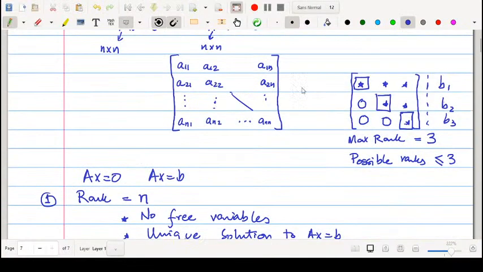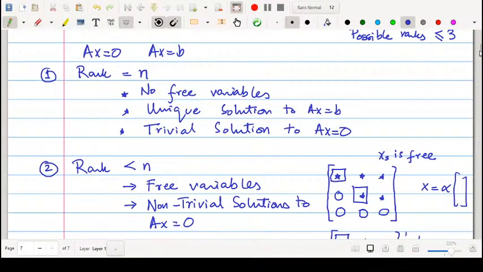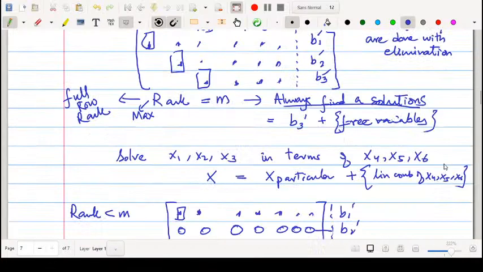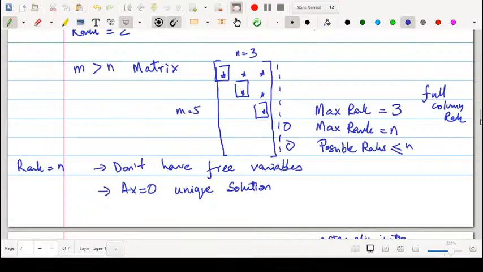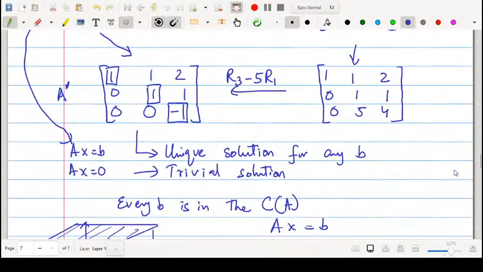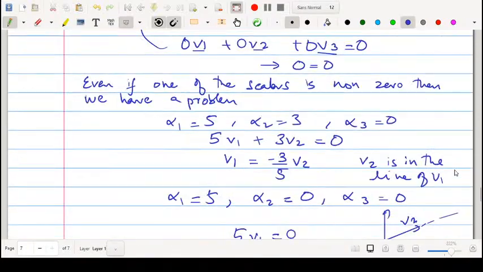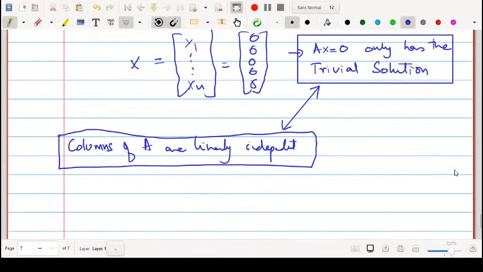Sometimes we look at it in terms of matrices, in terms of the rank of the matrix, and sometimes we look at the problem in terms of the vectors that make up that matrix, right? It's really an interplay between vector spaces and matrices.